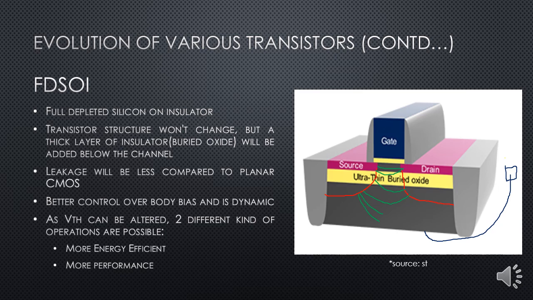But here the kind of operation which we can achieve is dynamic, because it's runtime. Once it is fabricated also, we can change it and use it as per our requirement. That's why I have used the word dynamic here.